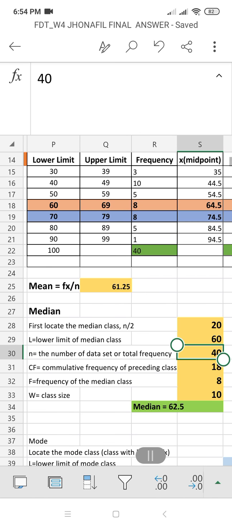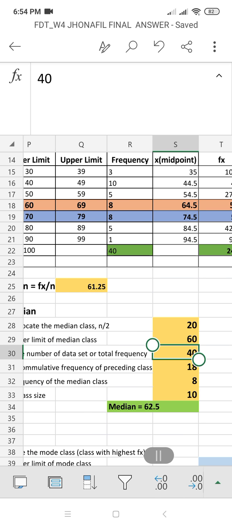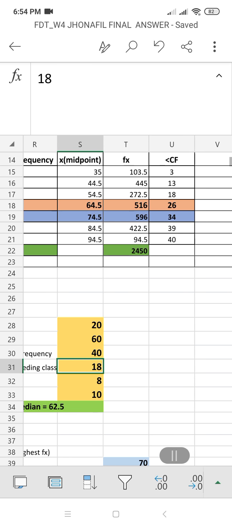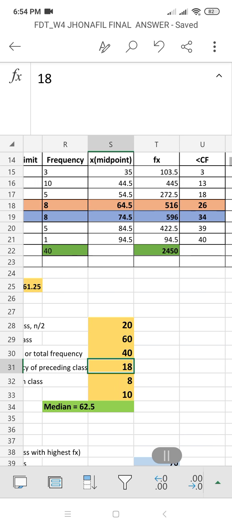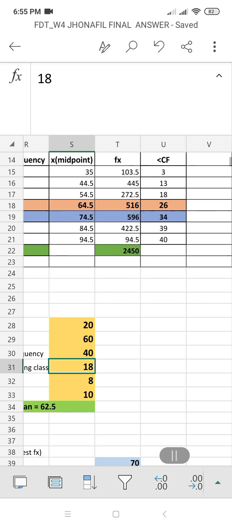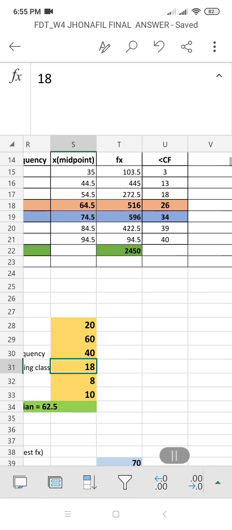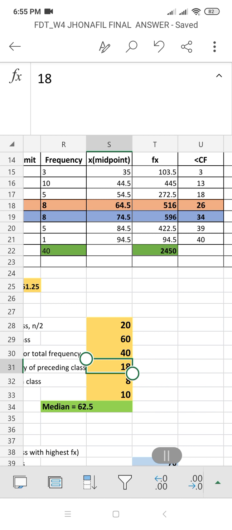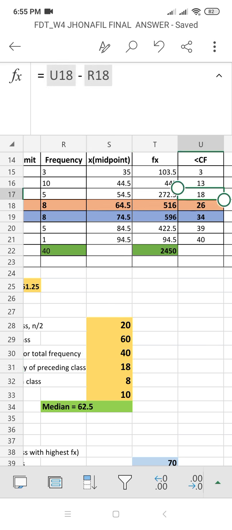The next is the cumulative frequency of the preceding class. Preceding means the one before it. So our preceding is 18. It is 26 in the greater CF, so the preceding one above is 18.